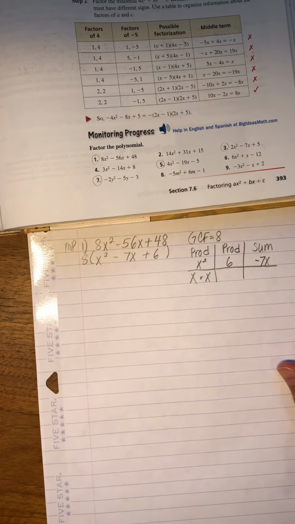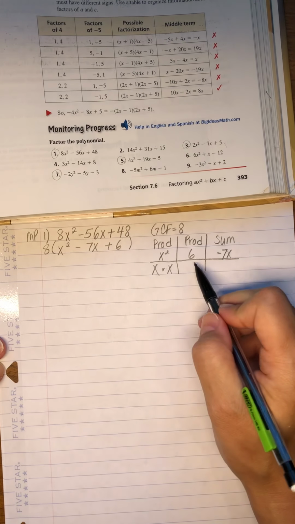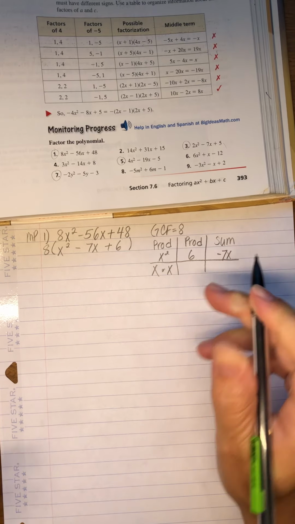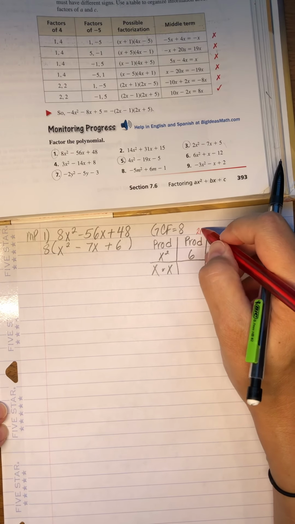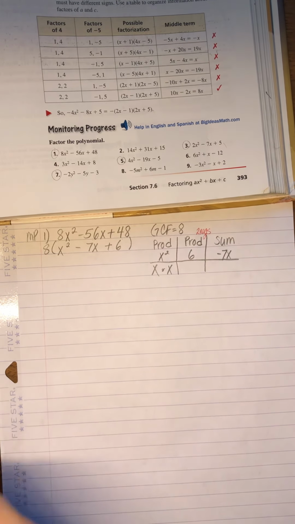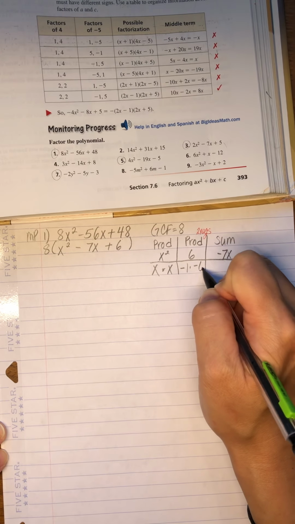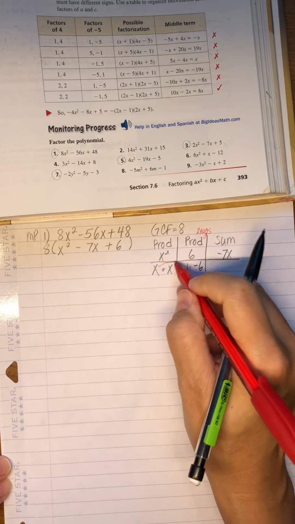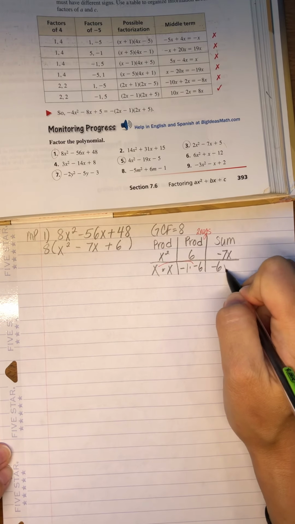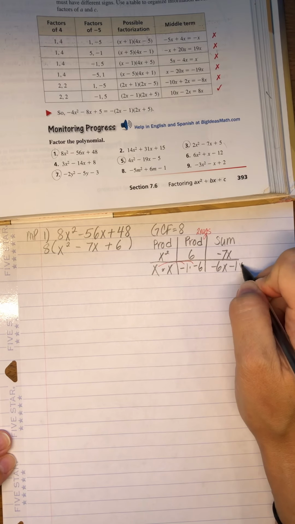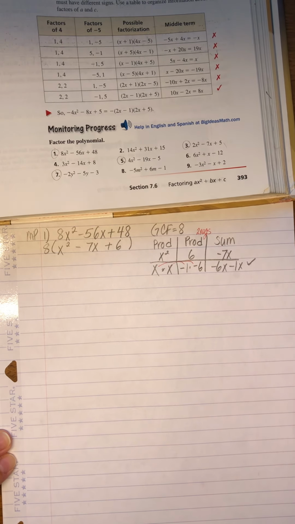That's the only way. Let's think about our product. If it's going to be a positive product but a negative sum, I need 2 negative numbers. Okay, let's try -1 and -6. Our outers would be -6x, and our inners would be -1x or -x, and that does work out.